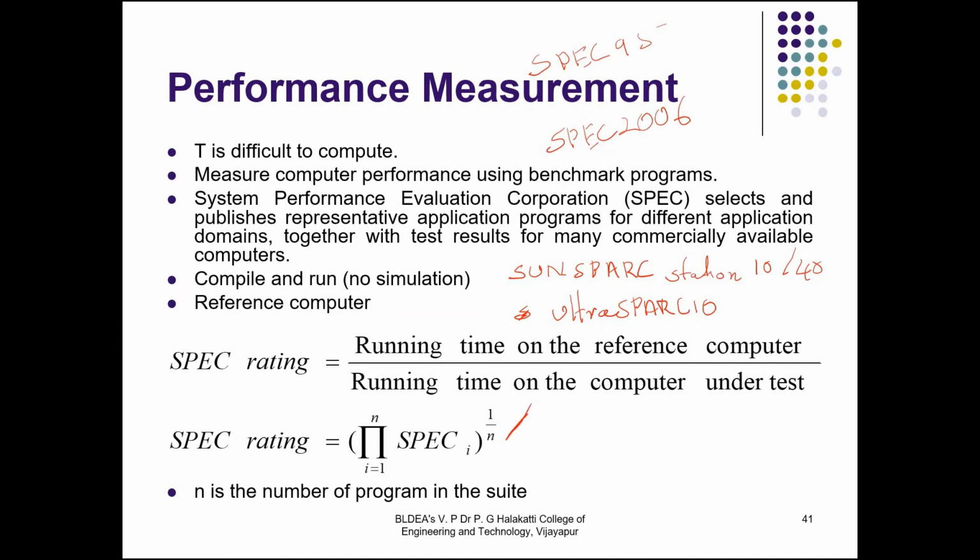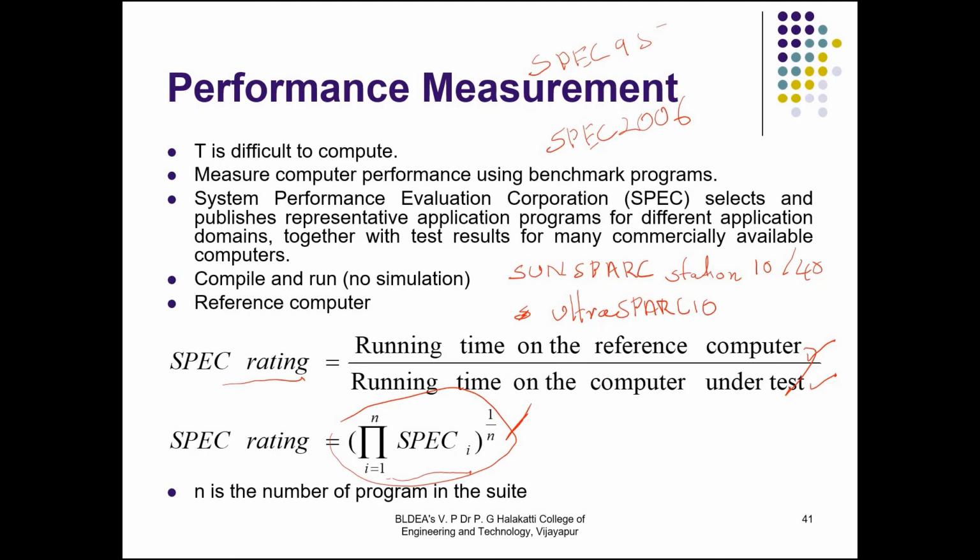It means I take the SPEC rating for each of the programs that I run on the reference computer and the computer under test. Then I combine all those SPEC ratings using this equation. Then you will get the actual SPEC rating.